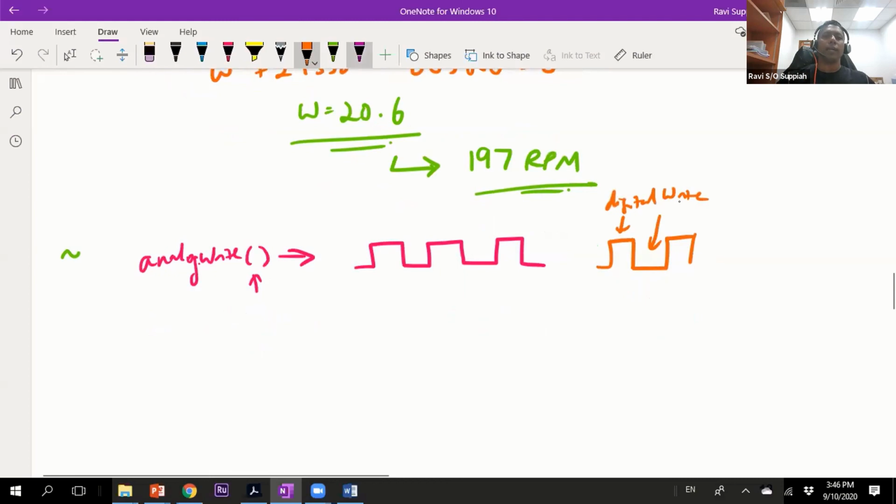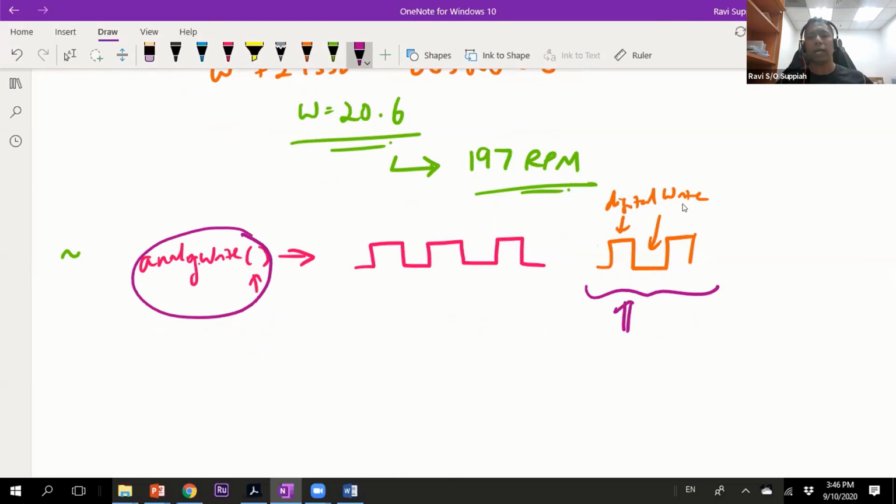Another thing, maybe not so obvious in the code: the analogWrite function is a one-time write and it just works. The digital approach is something you have to keep on doing. If I execute analogWrite one time in my code and then do other things, the PWM will still keep going. Whereas with the digitalWrite option, I have to keep executing on, wait, off, wait, on, wait, and so on.